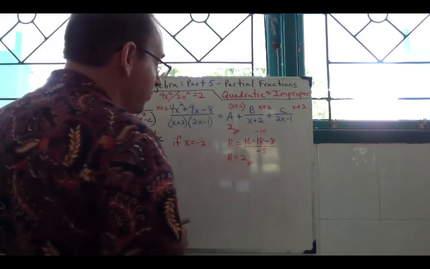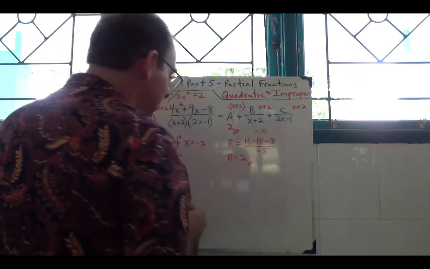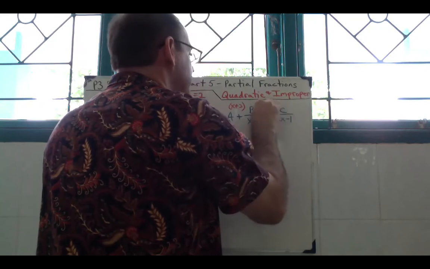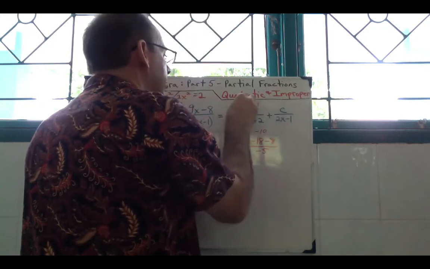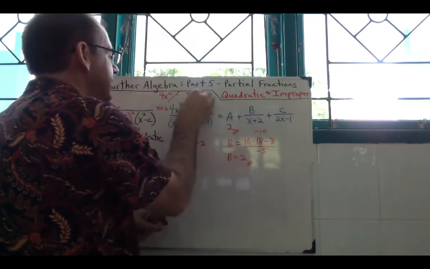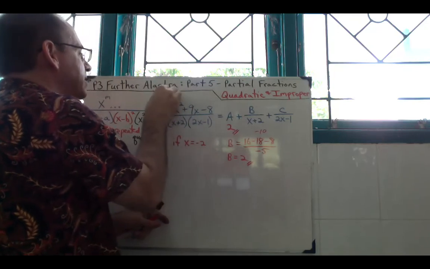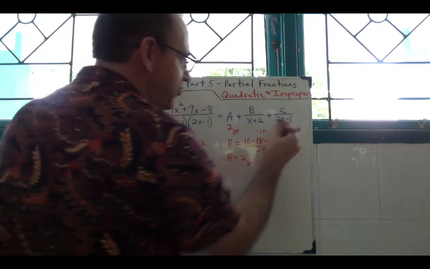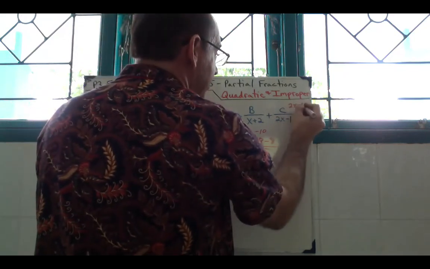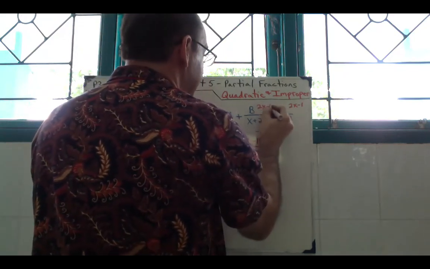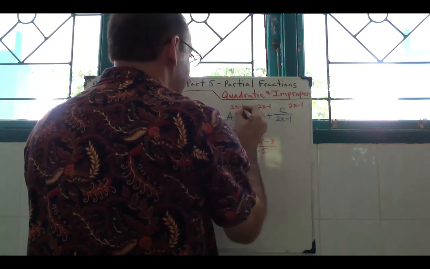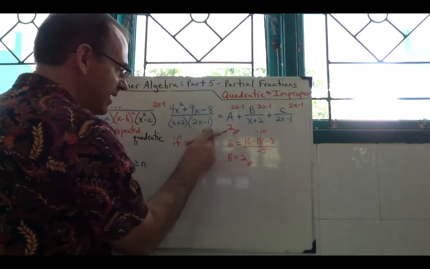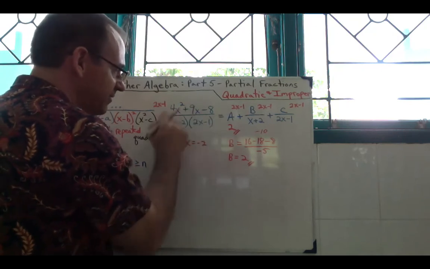And now to solve for c, let's erase these. Get rid of this as well so it's not in the way. And now we want to multiply everything by 2x minus 1, each term. I won't forget that one this time. That's going to cancel out this one and leave these.